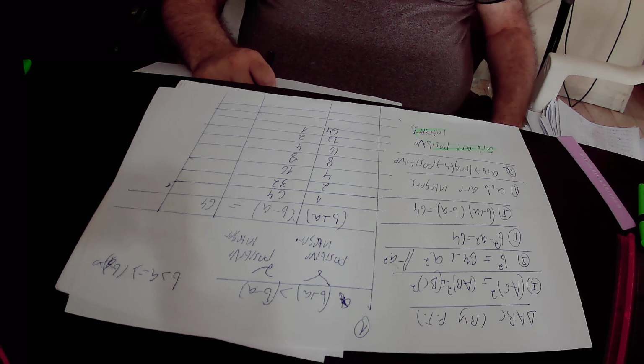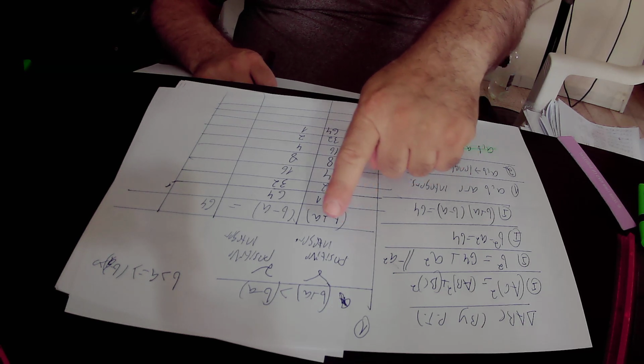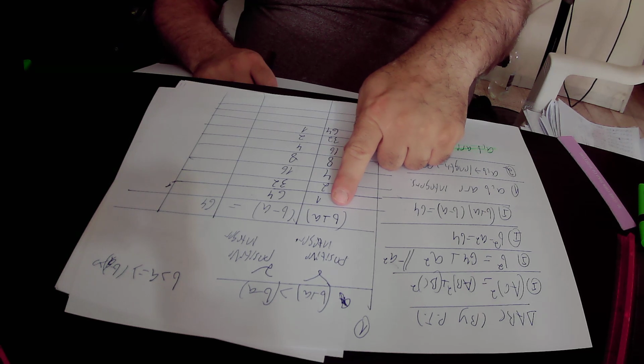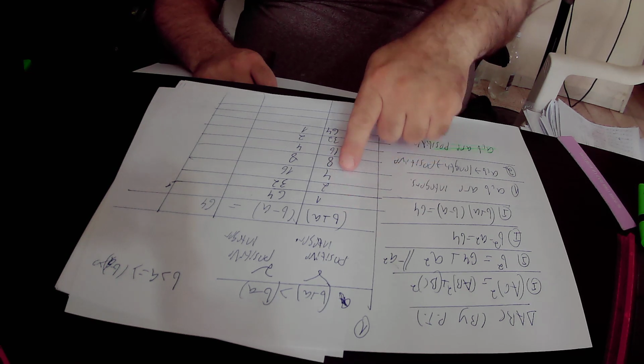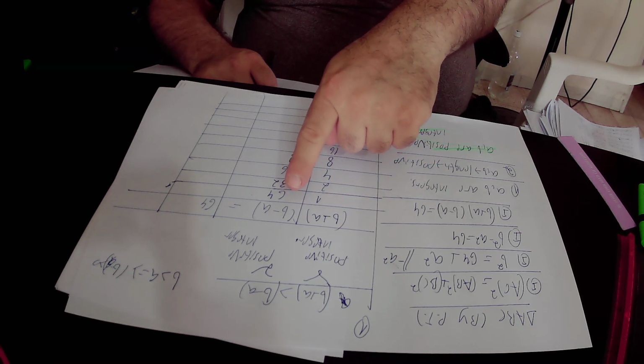Okay, but because we have already found out that b plus a is greater than b minus a, b plus a are all the numbers in column 1, while b minus a are all the numbers in column 2.